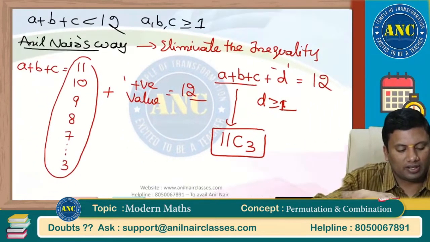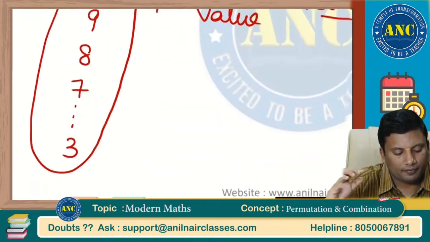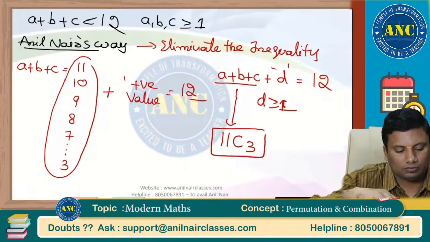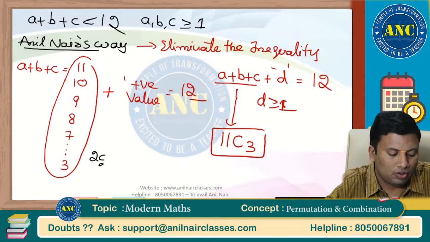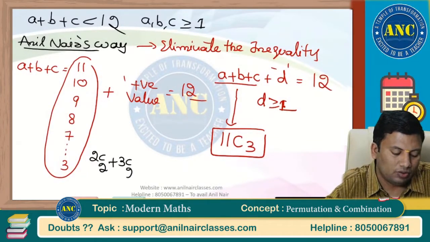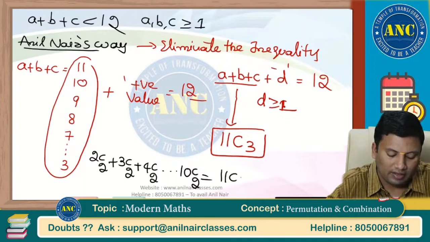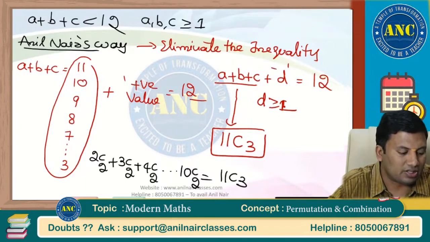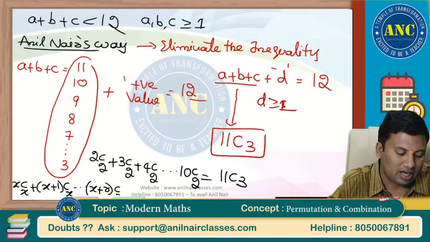Sir, before that we got a value. Are they both the same? Now, please write down. We got this value 2C2 plus 3C2 plus 4C2 and so on up to 10C2. This is also equivalent to 11C3. There is an expansion, that expansion is XCX plus X plus 1CX and so on up to X plus RCX.